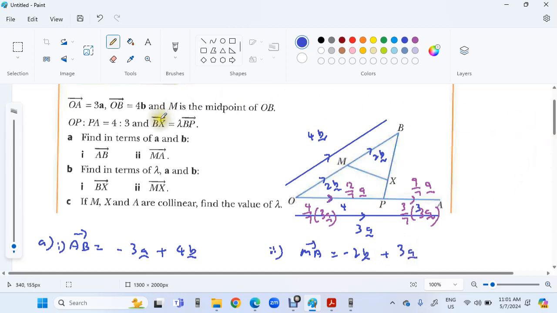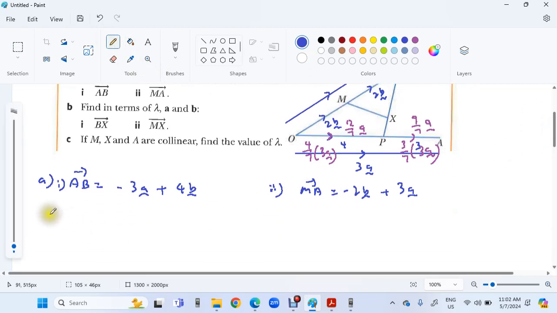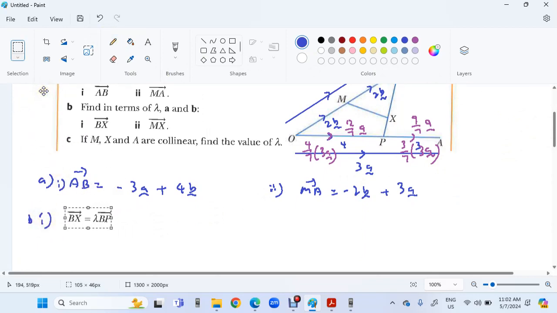We know that BX is lambda BP. So the question tells us, number 2, we want to find the BX. So BX is lambda BP.